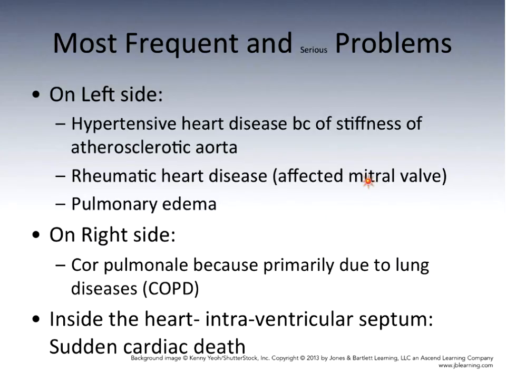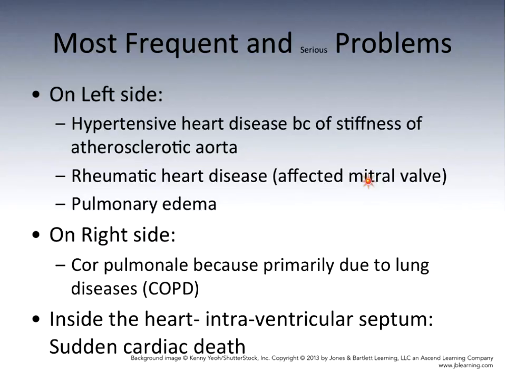So if we are talking about the mitral valve, which is the valve that separates the left atrium from the left ventricle, that valve is a heavy-duty valve. It has a lot to carry because of high pressure.